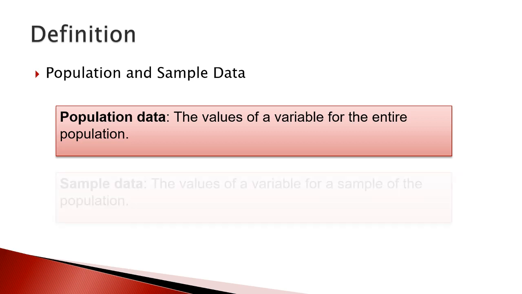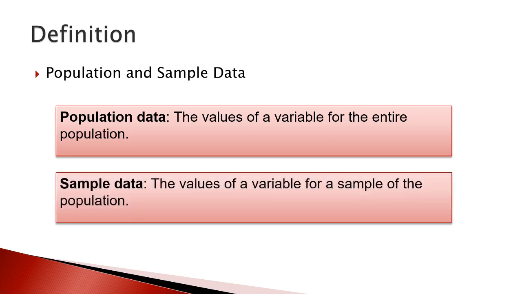Okay, and the sample data are the values of a variable for a sample of the population. Let's say that we are taking a sample from those 6th grade students. We're taking a sample of 10 out of 100 6th grade students. So that's what we call sample data, the values of a variable for a sample of the population. We are obtaining the sample from the population.